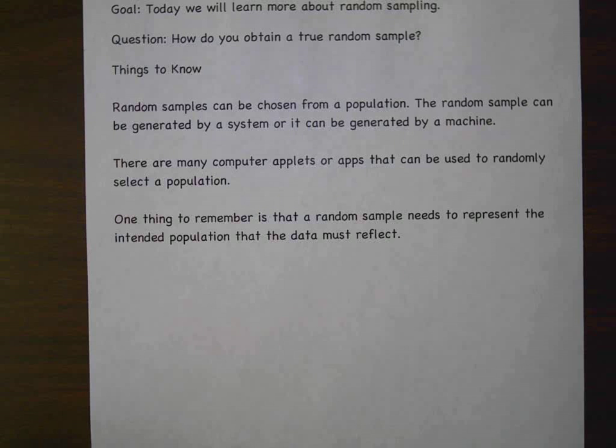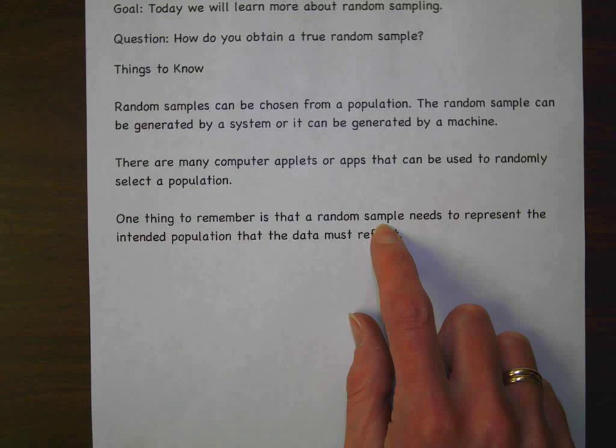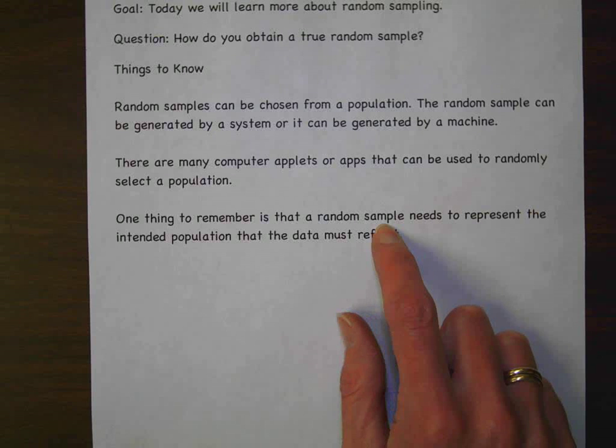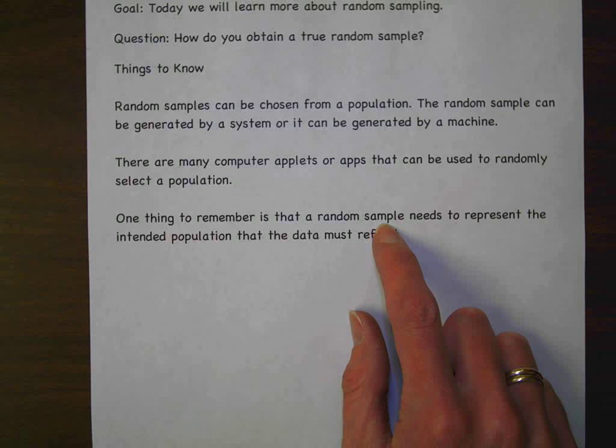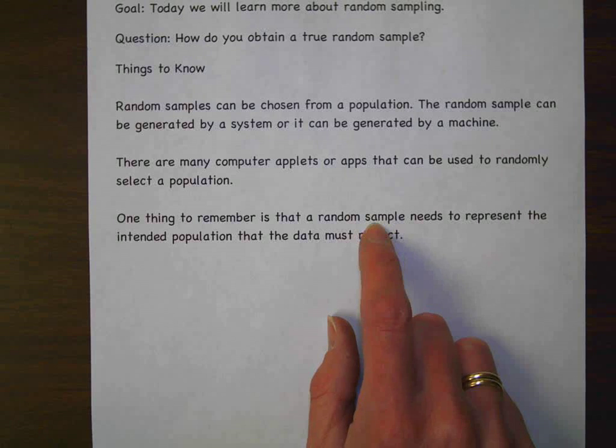We have teachers, we have students, we have administrators, we have other staff that work here, but if I only ask the teachers, then my sample is only reflecting the opinions of the teachers. It's not reflective of the students, the administrators, or the staff, it only represents the teachers, so this would not be considered a random sample.